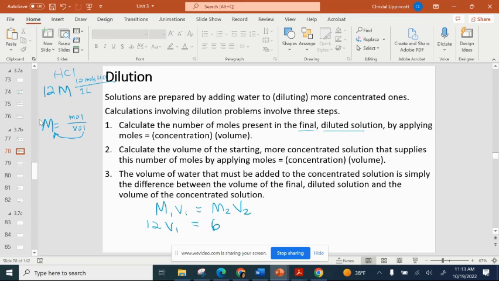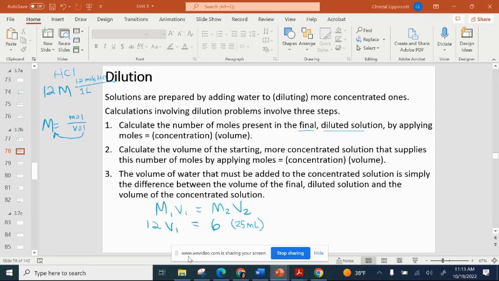And how much of the 6 molar do we want to make? 4 milliliters? Okay. I don't know that I've got a 4 milliliter volumetric flask. I think the smallest I have is 25. So I'm going to do 25 milliliters here.